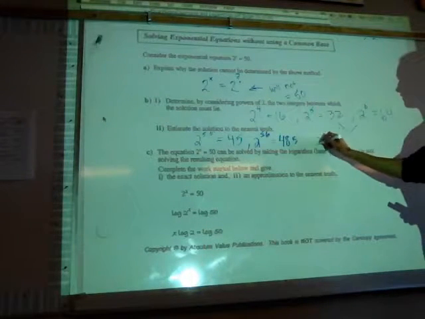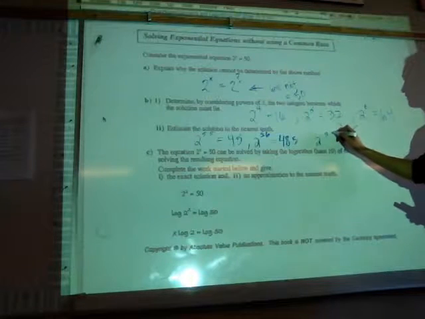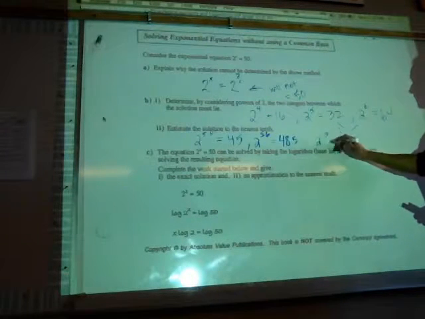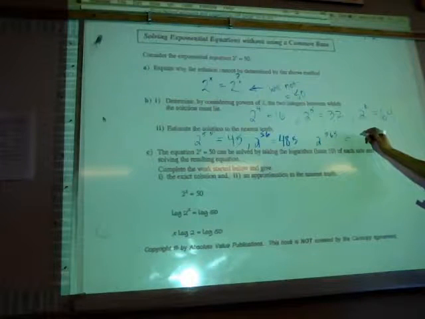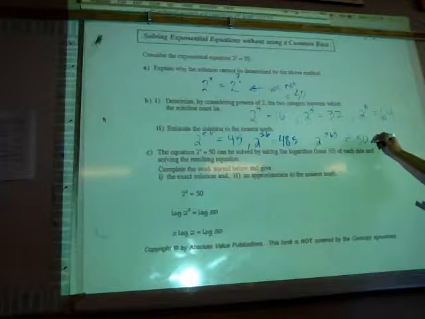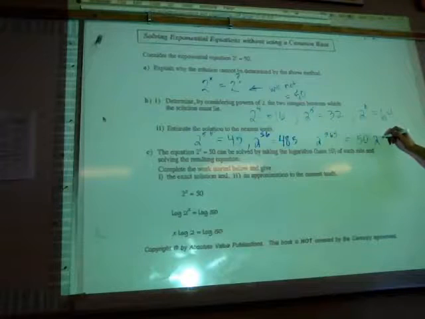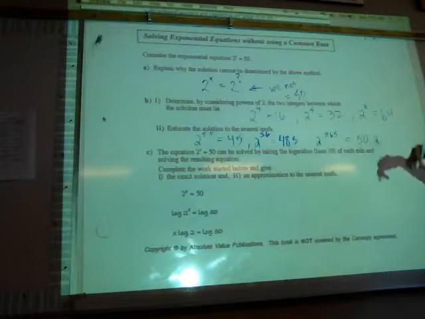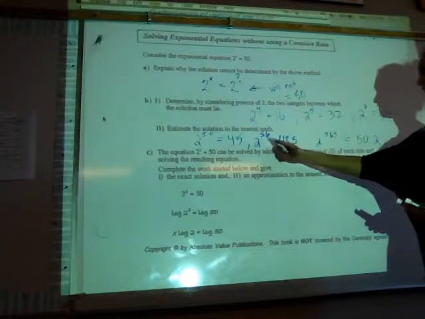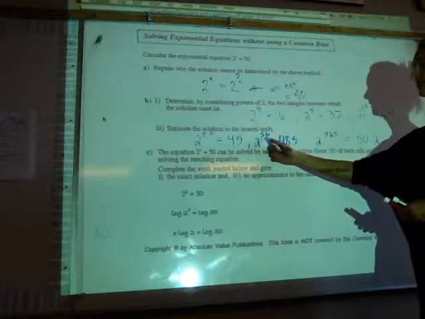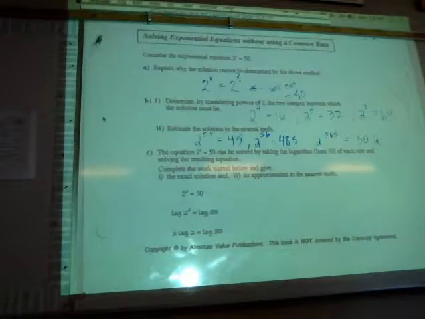Yeah, so maybe we'll try 2 to the power of 5.65. 50.21. Okay, and they're saying to the nearest tenth. So I guess if we're looking at the closest exponent, 5.6 would be our closest.